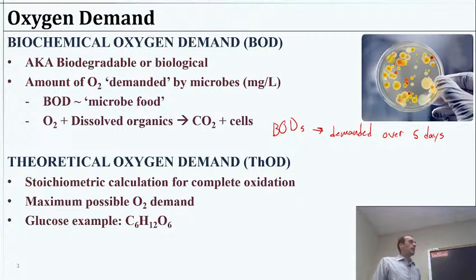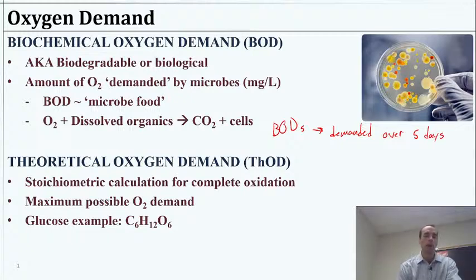So we can reference it or think about it in comparison to what we could theoretically demand in terms of oxygen, the theoretical oxygen demand, which would be a stoichiometric calculation. So if we took, for example, glucose, C6H12O6, we could calculate the maximum possible demand to convert all of that into CO2, right?